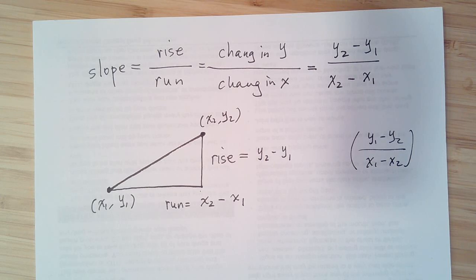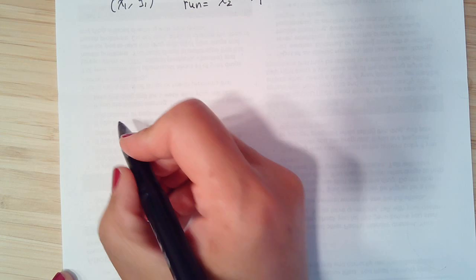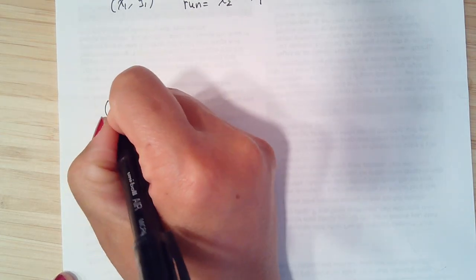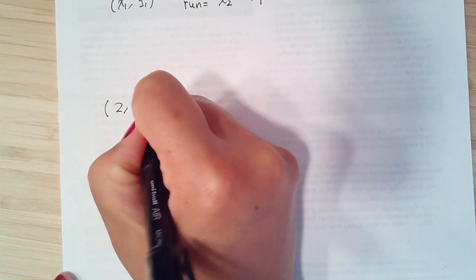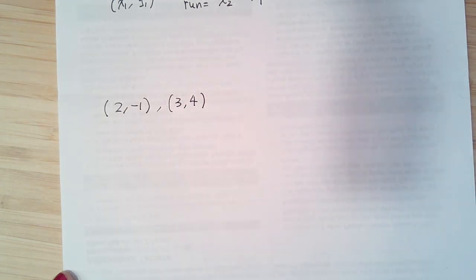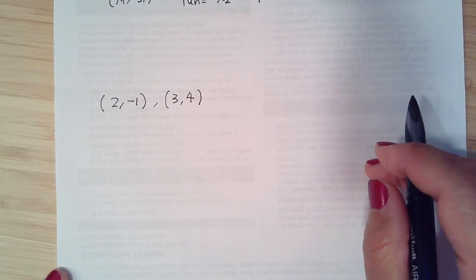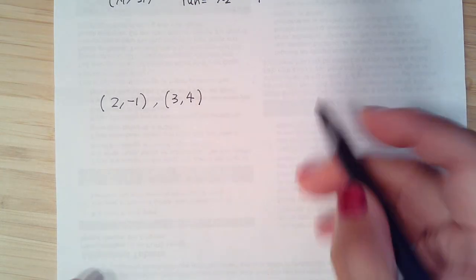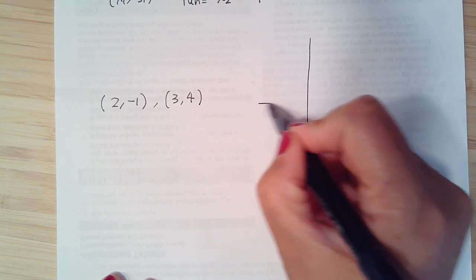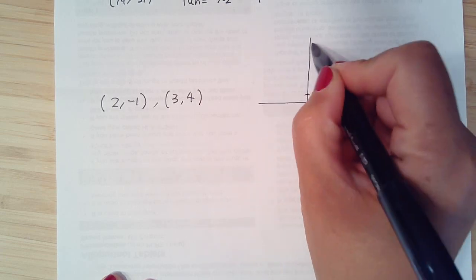All right, now once we know this, I'm going to ask you to do a little exercise. The first point is (2, -1), and the second point is (3, 4). Can you find the slope? If I ask you the slope of a line that passes through these 2 points, so you draw a little x0, 1.